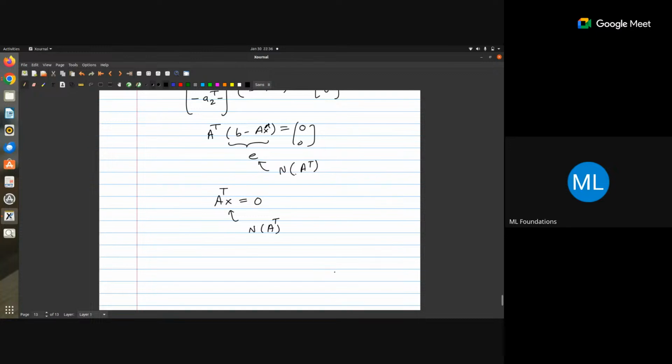Right? This part is fine, right? So we can say that this error vector is perpendicular to the null space of A transpose.